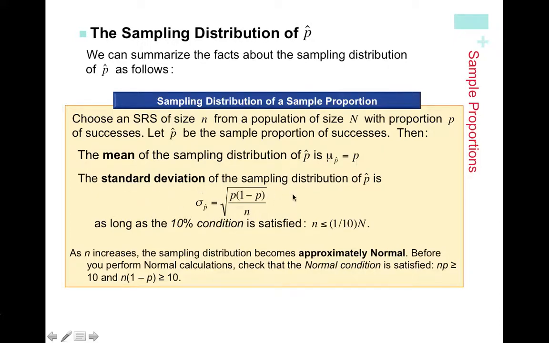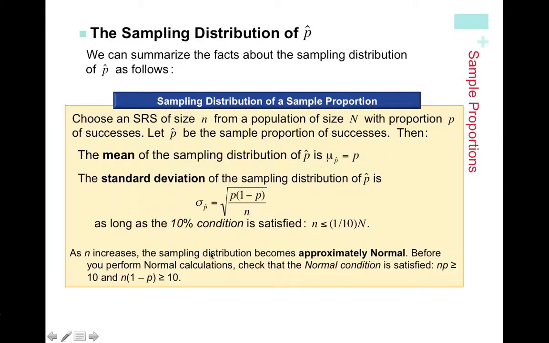The standard deviation of our sampling distribution of p hat is found with this formula as long as the 10% condition is satisfied. As long as the number of things in our sample is less than or equal to 1/10 of the population size. We saw this last chapter for our test in independence with the binomial distribution.